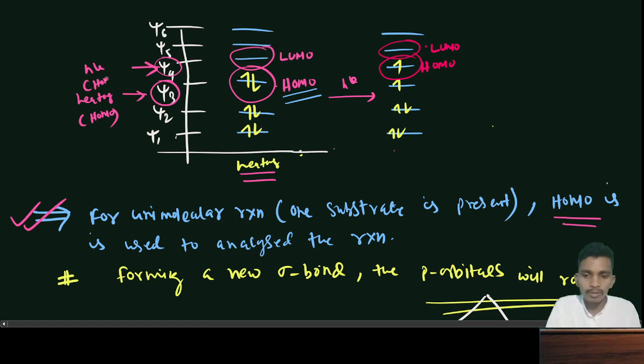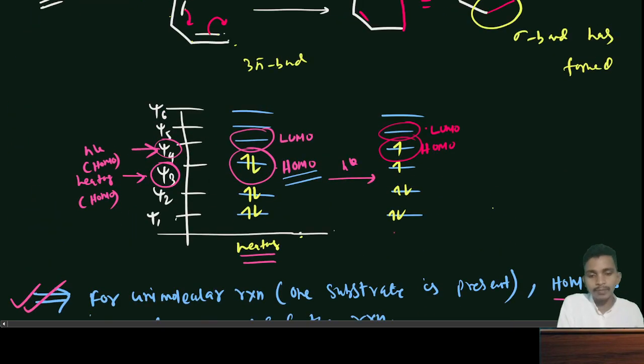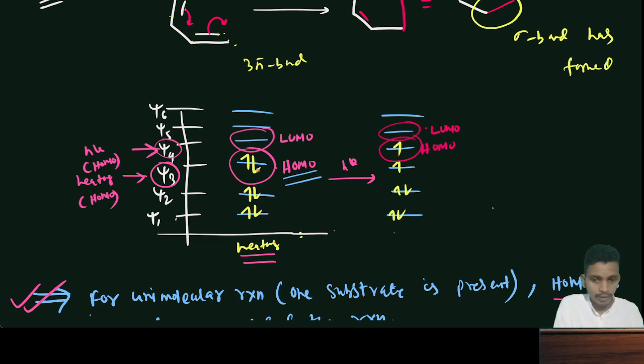This Psi3 for heating is analyzed to study the reactions. The Psi3 function will help us study how the reaction will happen. Now this is Psi3, and 3 is odd.